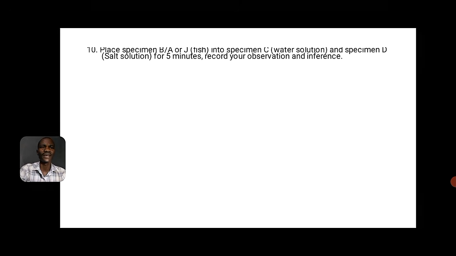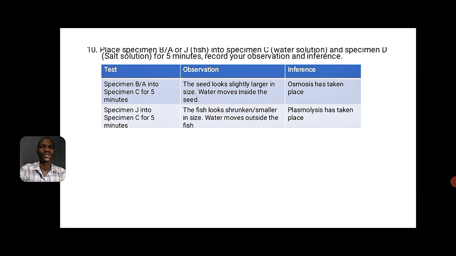So place it in D for 5 minutes, record your observation and inference, just like we have done for the other questions. We have our test, observation, and inference. So the first row is specimen B or specimen A or specimen J into specimen C for 5 minutes.